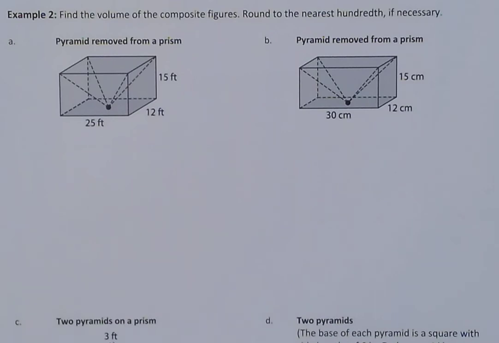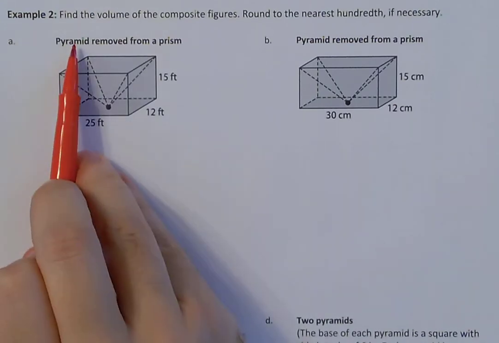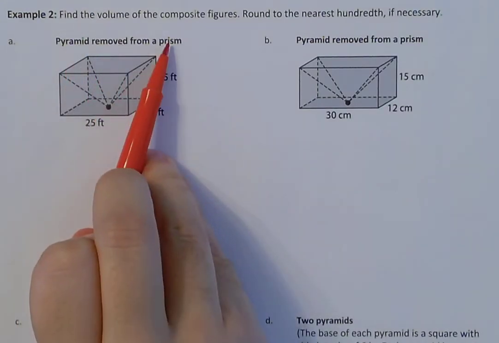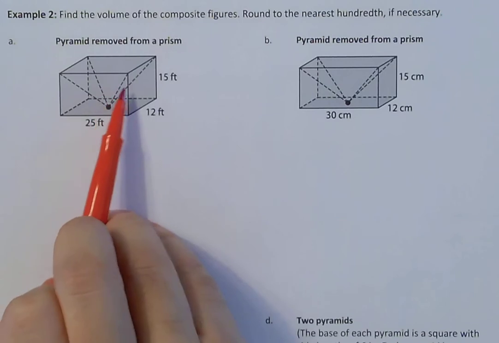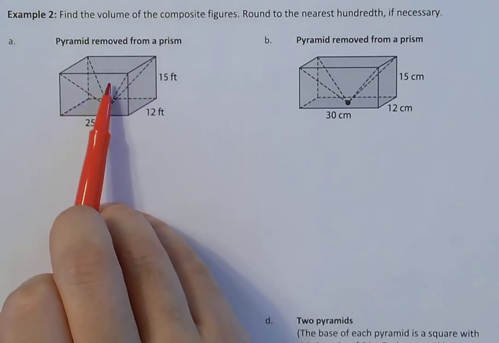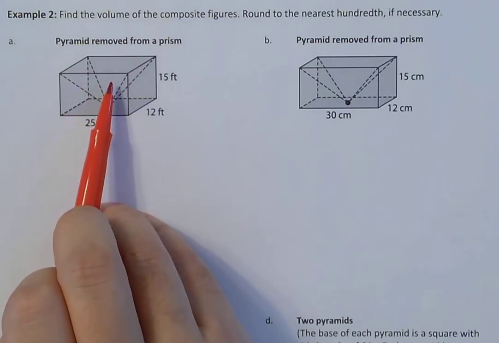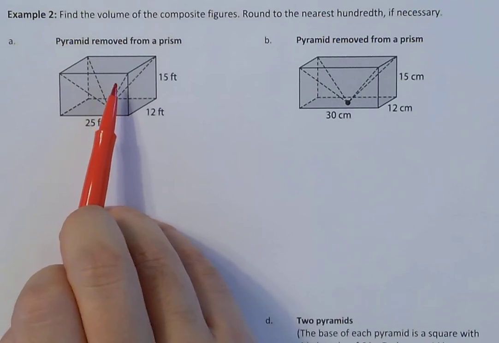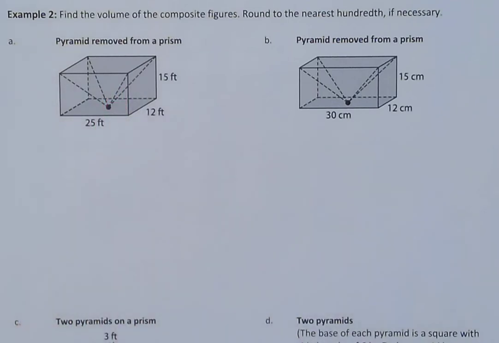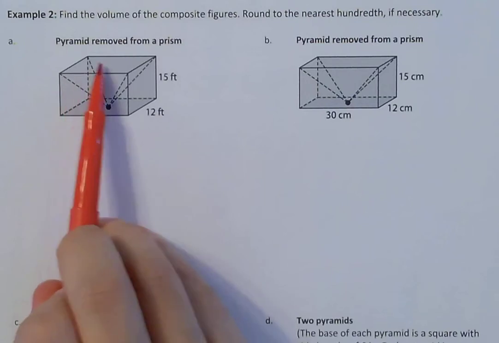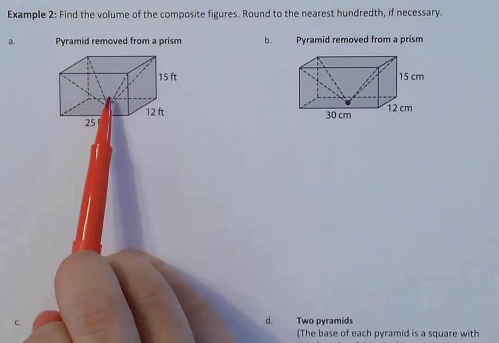All right, for example 2a, we have a pyramid removed from a prism. So we have a prism and we're going to take out the volume of a pyramid. So it's kind of indented in. That's what the dotted lines are indicating here.